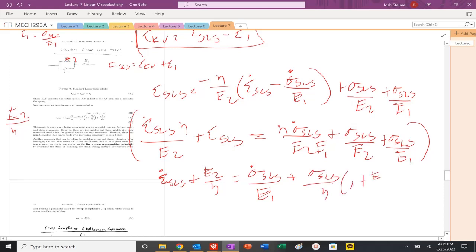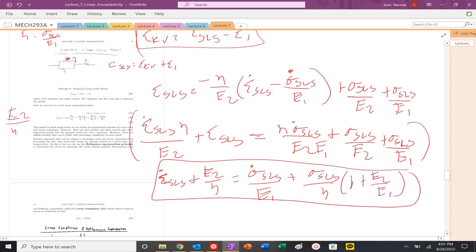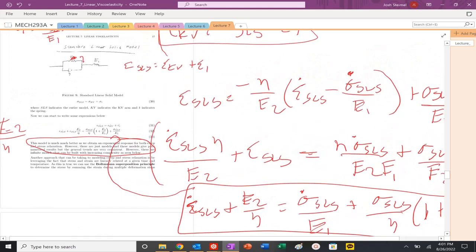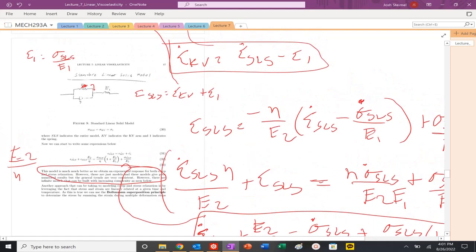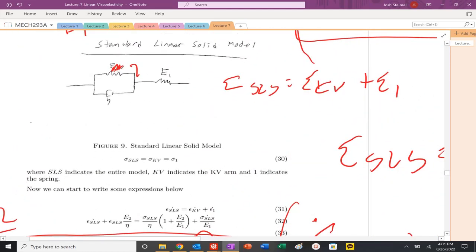Now we can make our terms look a little nicer. And there we got it. It looks exactly the same. Just note that the E2 over eta term on the left side needs that epsilon SLS. But again, it matches.